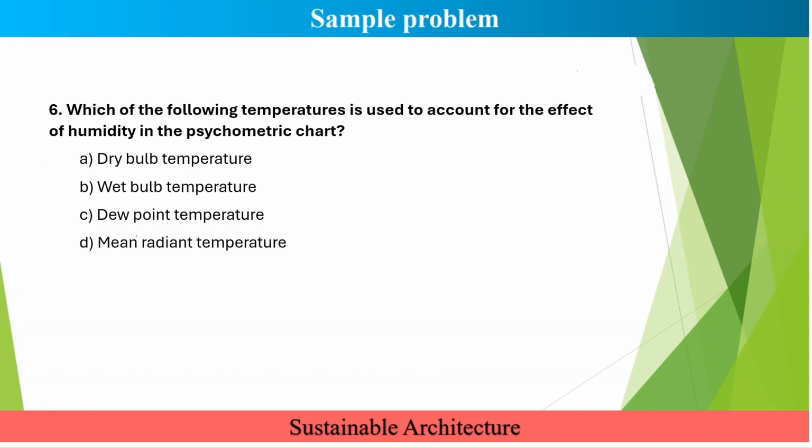Yes, it's B. The wet bulb temperature is used in the psychometric chart to account for the effect of humidity. As was discussed also, this wet bulb temperature is measured using a thermometer covered with a moist cloth, wrapped around it to measure the rate of evaporation, which is influenced by the humidity.